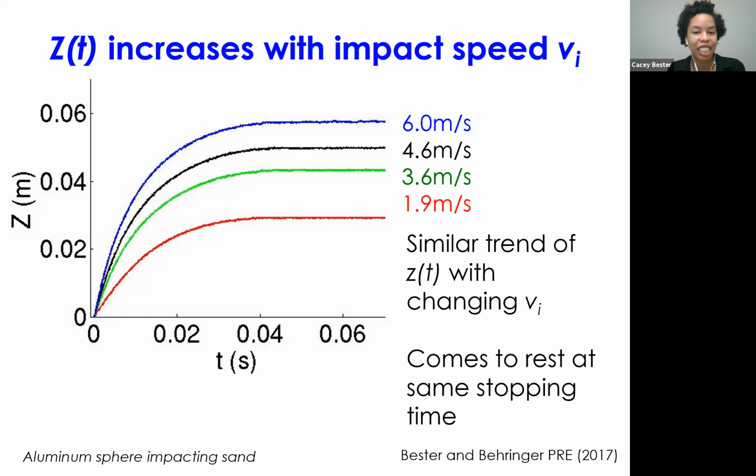So I repeat this measurement many times at different impact speeds. And here I'm showing the average of a few measurements for each curve. The different curves correspond to different impact speeds, which are achieved by releasing the projectile from different heights above the surface.